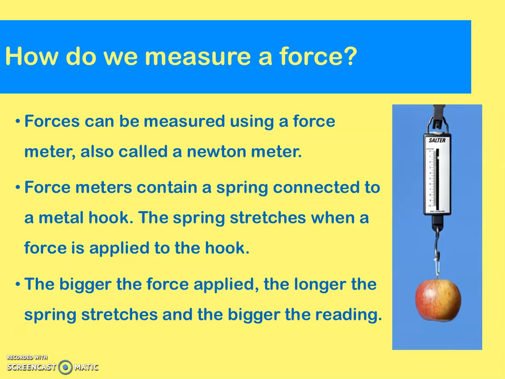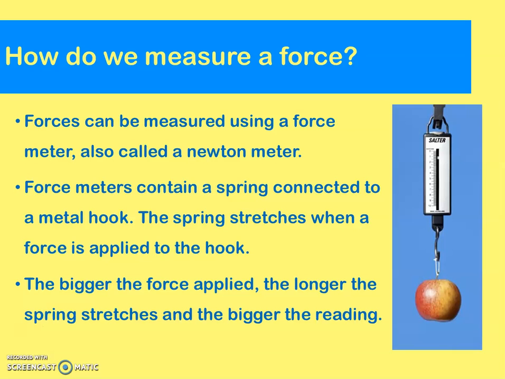So you can see on the Newton meter there's numbers from 1 to 10, and the bigger the force, so the apple being pulled down by gravity, gives us about a reading of 1.5.